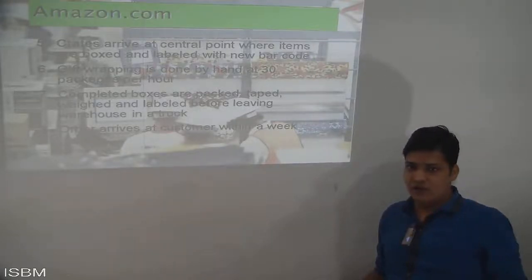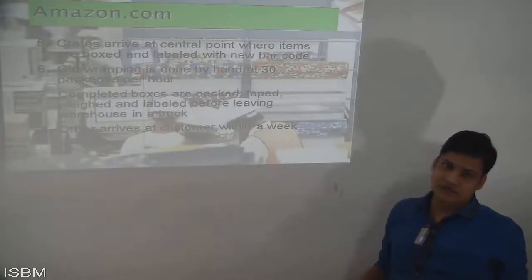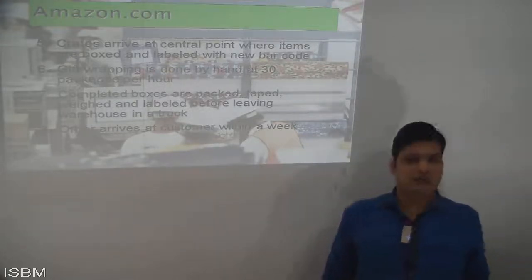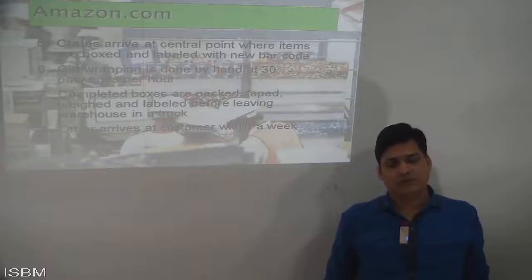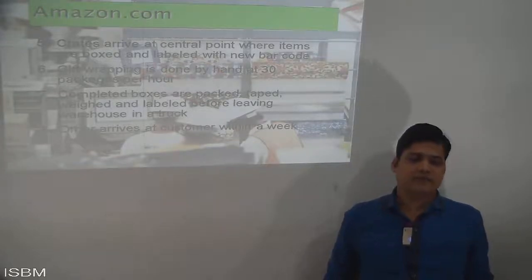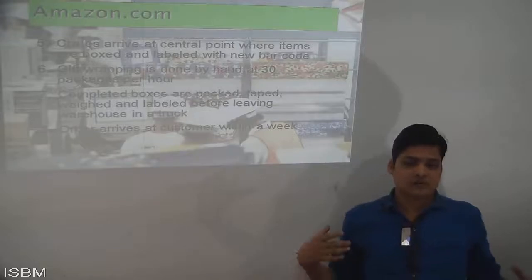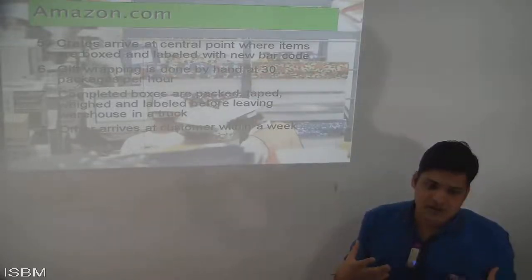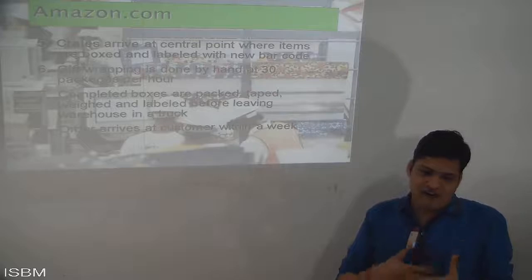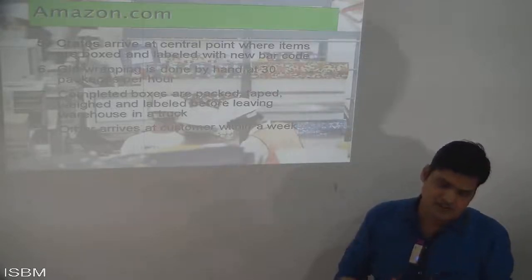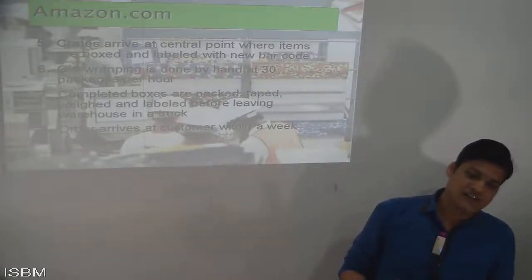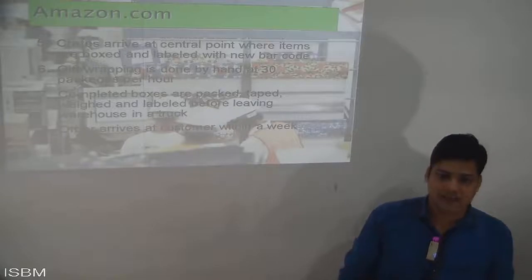If in a day you are only packaging 720 products, you are very far behind your competitors. When the machine came, it became faster and faster. In the initial days they were wrapping only 30 products in an hour.